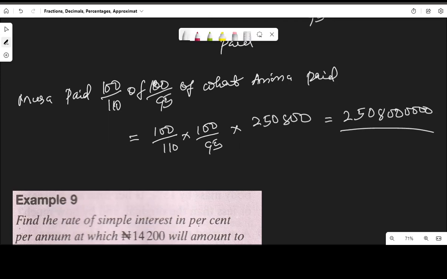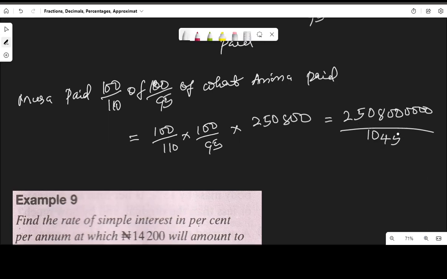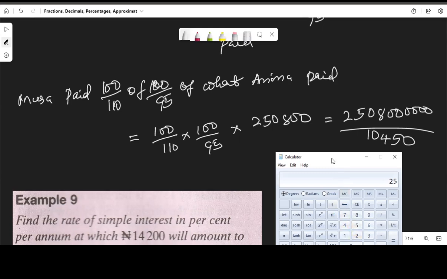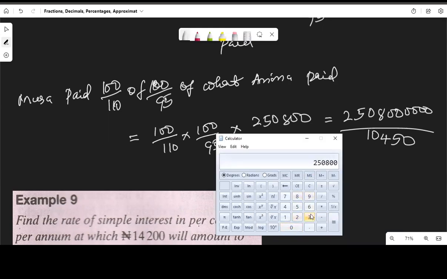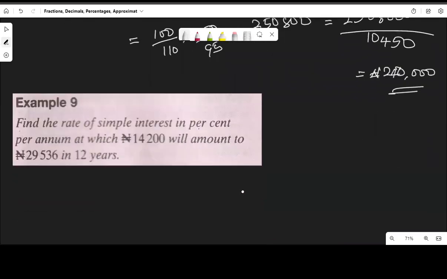Then divided by 110 times 95, which is 10,450. 2,508,000,000 divided by 10,450 is 240,000. 240,000. That is our question 8.